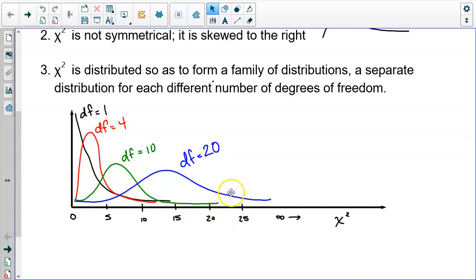So we're starting to get more and more symmetric. And then when I get degrees of freedom 20, you'll see it is starting to look more and more normal. It's still going to be skewed, because this goes on forever in this direction, but it approaches the normal distribution. It starts to look more and more like it, okay?